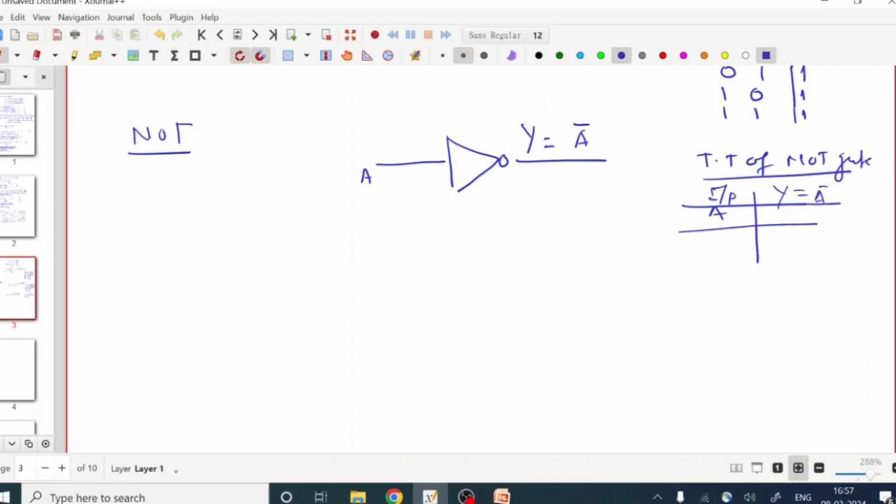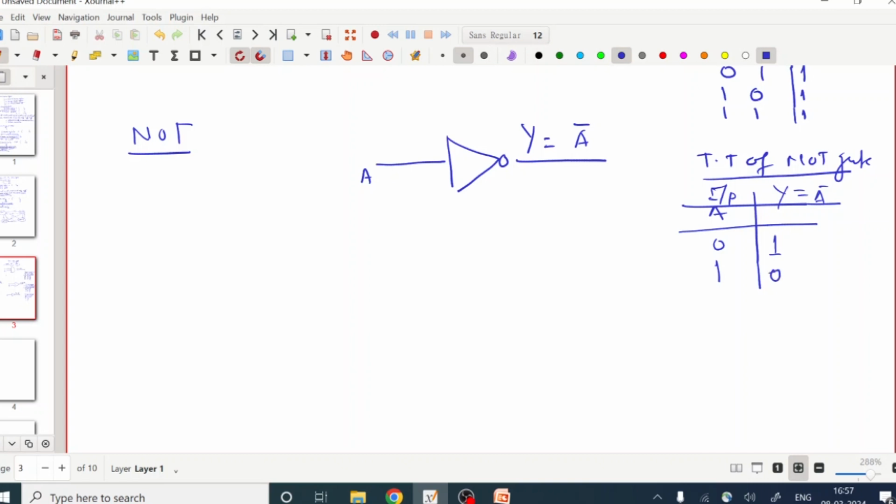What are the possible values of A? In case of binary, only two values are allowed, 0 and 1. So the value of A is either 0 or 1. When the value of A is 0, the output is the inversion of 0, which is 1. The complement of 0 is 1, and when the input is 1, its complement goes to 0.